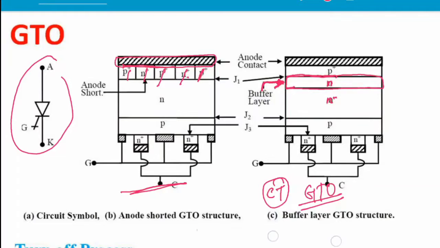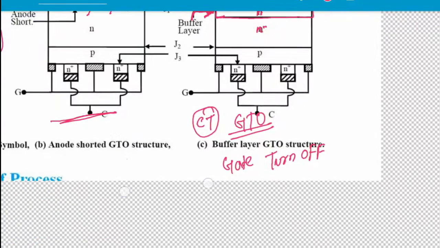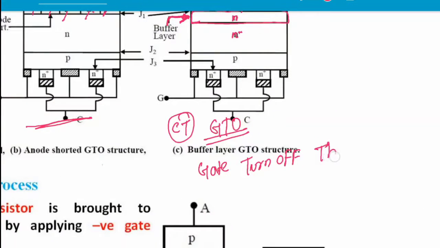And let's talk about GTO. What is GTO? GTO is gate turn off thyristor. That means in case of thyristor, commutation is needed for turning off the thyristor and a bulky circuit is needed for the operation.